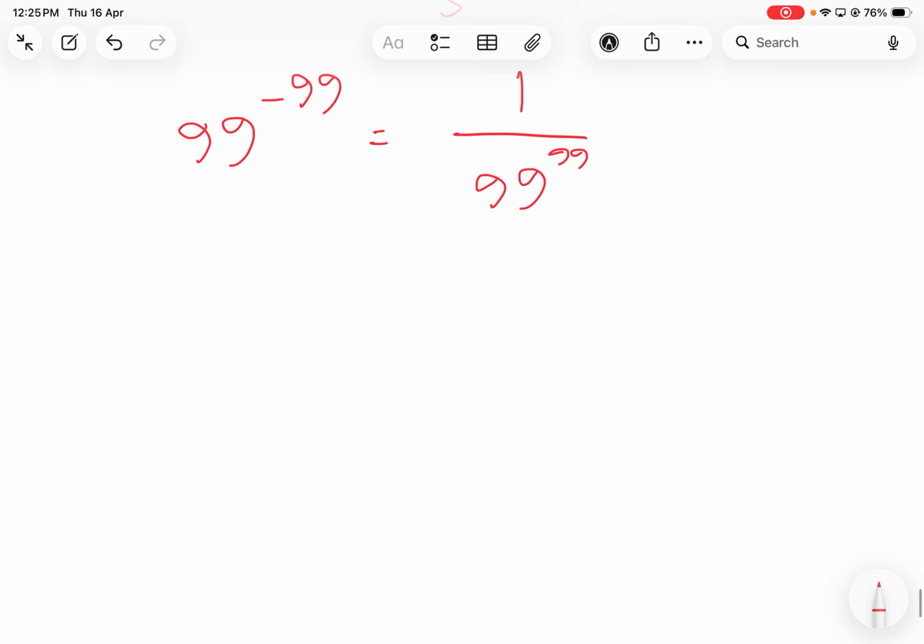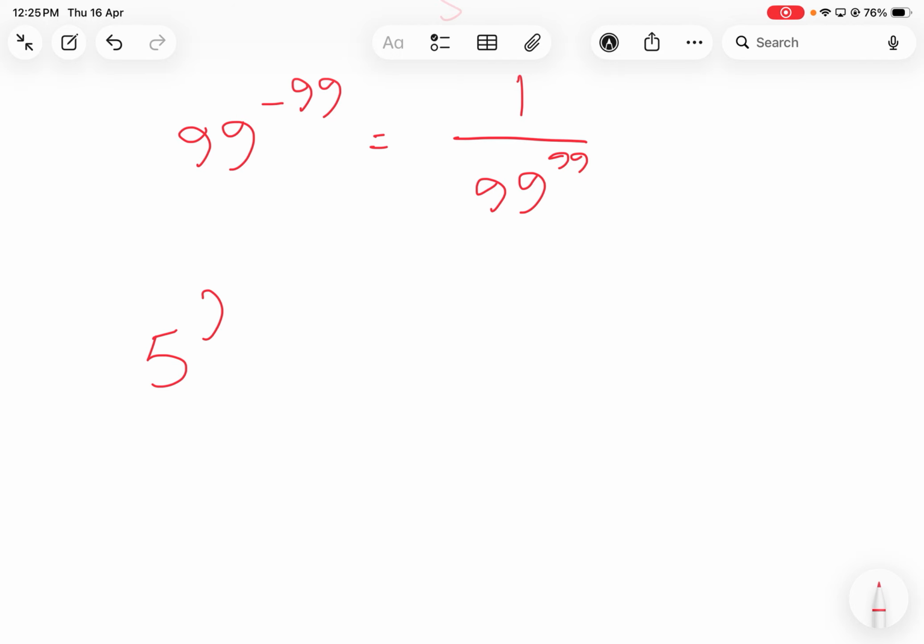Then, next thing, if I have 5 over 5 to the power of 2, which is 25, I can also write it as 5 at the bottom. But this time round, what will be the power? Yes, good. Chloe is correct. I can also write it at the top as long as I change positive to negative.